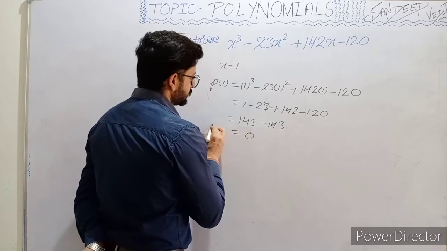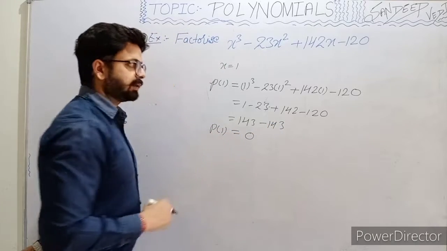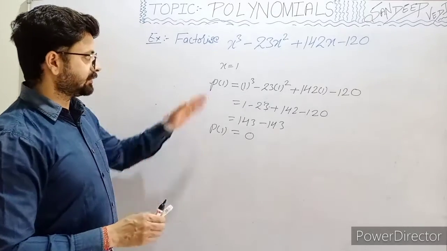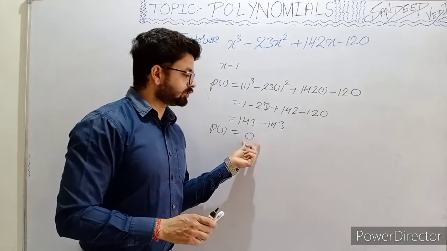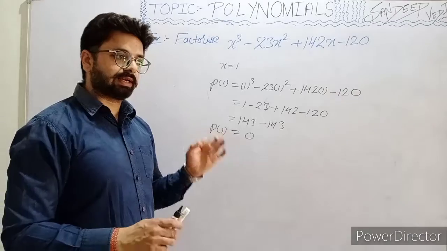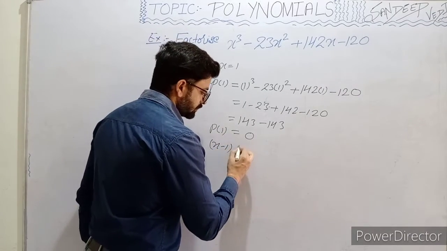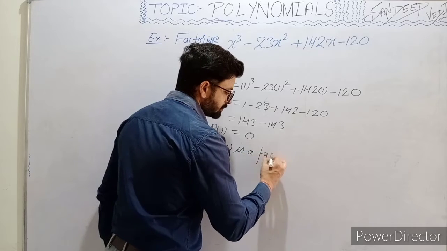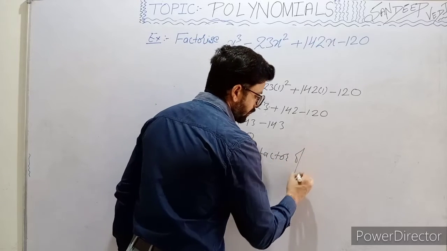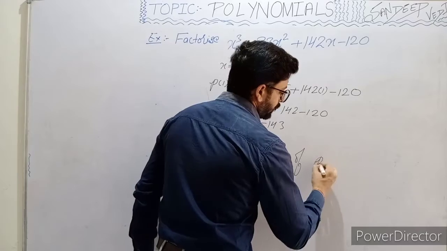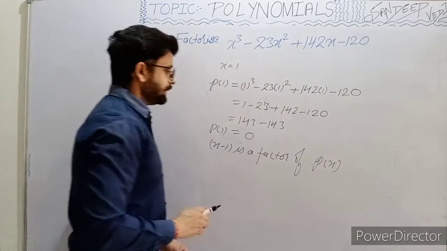It means we are getting 0. So guys, here is my good luck. I am getting 0 in the first chance only. If I am getting 0 here, then definitely x minus 1 is a factor of the given polynomial p(x).